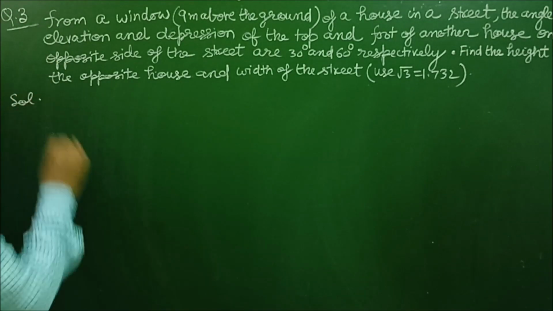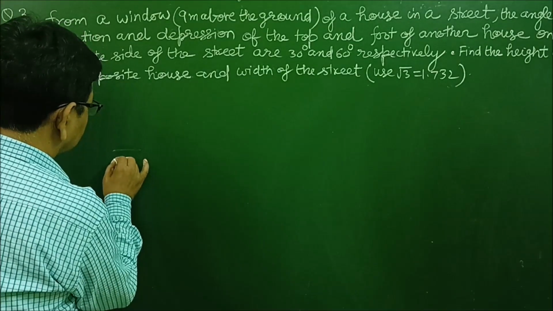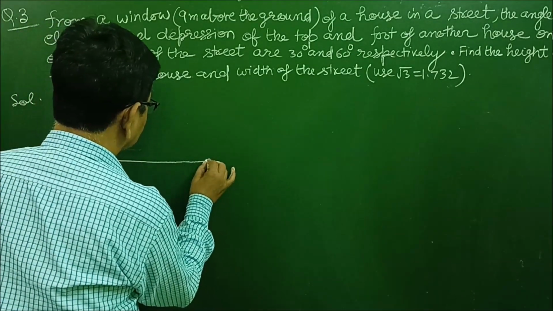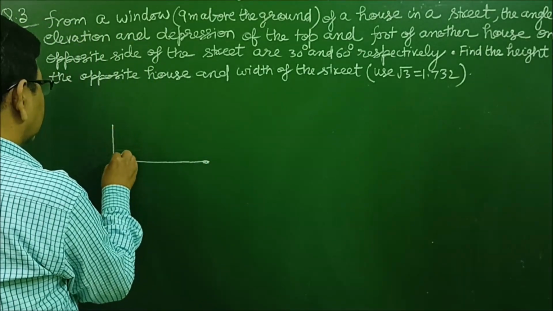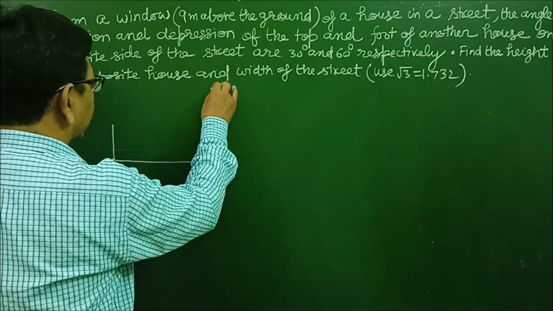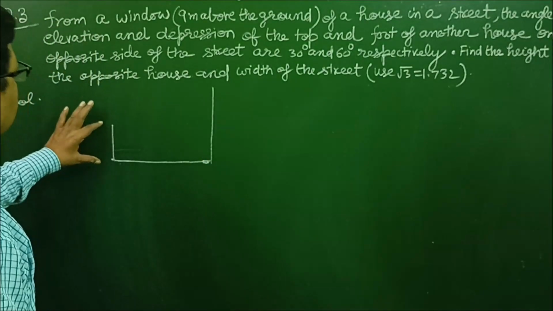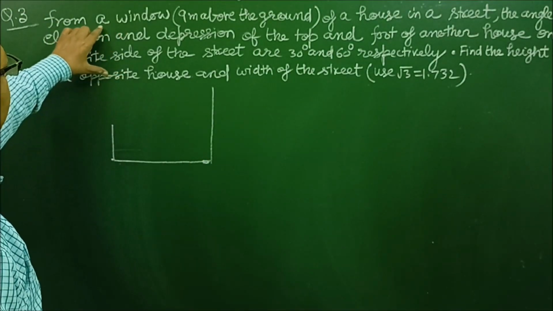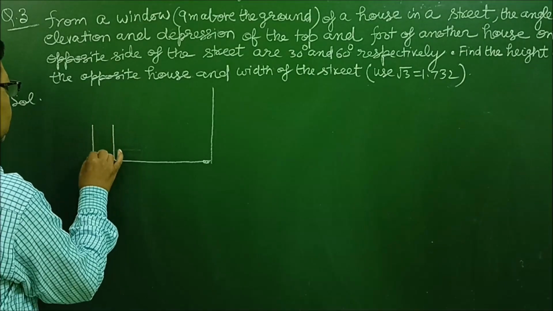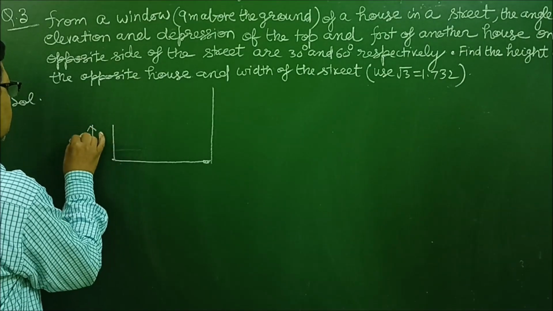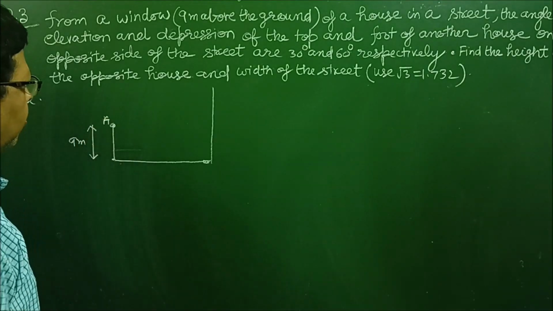So first let us draw the diagram. This is the width of the street, and there are two houses, one on one side of the street and the other on the other side of the street. In the first house there is a window 9 meter above the ground. At the point A there is a window 9 meter above the ground.